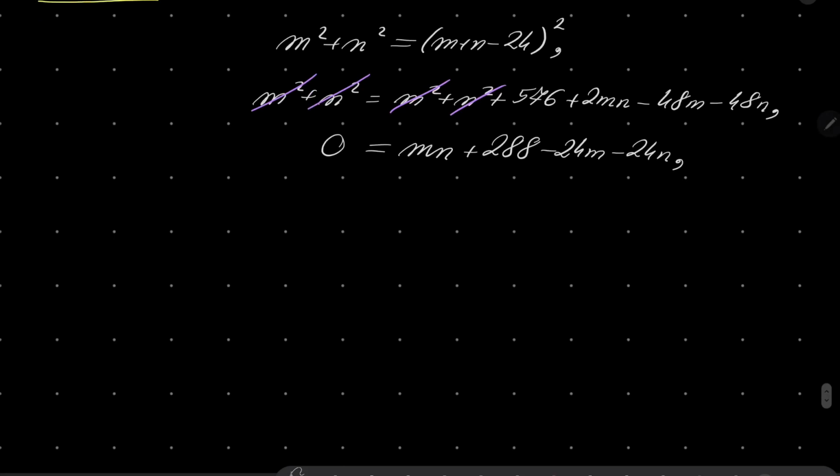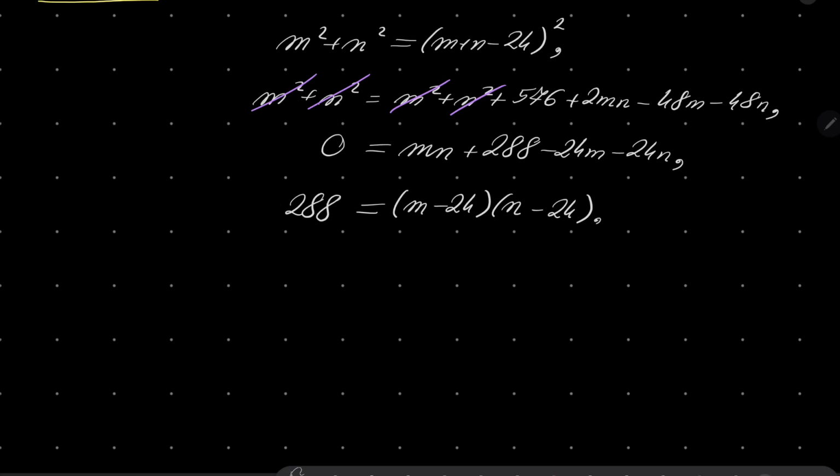Well, notice that I can write (m minus 24)(n minus 24), and I have mn as I should, minus 24m as I should, minus 24n as I should, but I have introduced 576, and I only want to have 288, so I will write 288 on the left hand side, and now it's balanced.